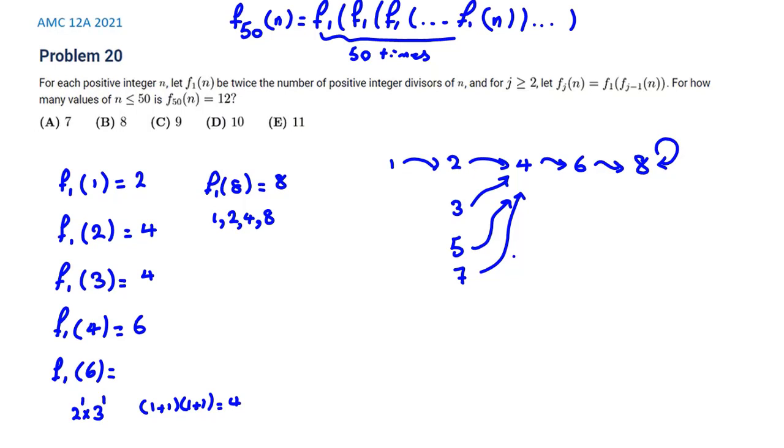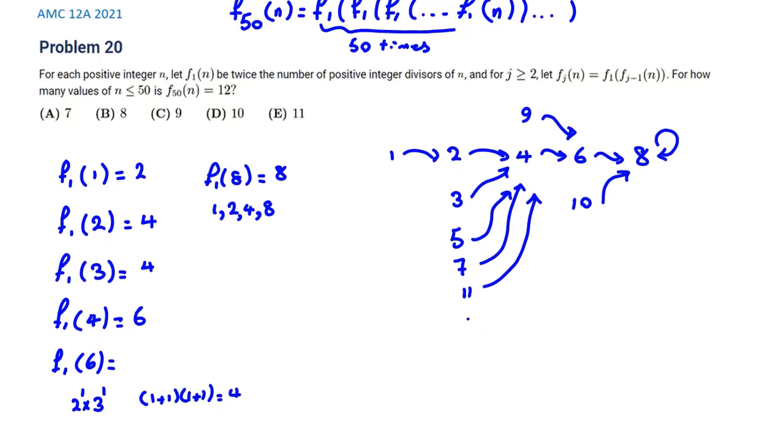Let's consider 9. 9 is similar to 4, because 9 is p squared, 3 squared. 9 goes to 6 again. We've checked. 10 is similar to 6 because it is pq, 2 times 5. 10 is 2 times 4, which goes to 8. 11 is a prime number, it goes to 4.